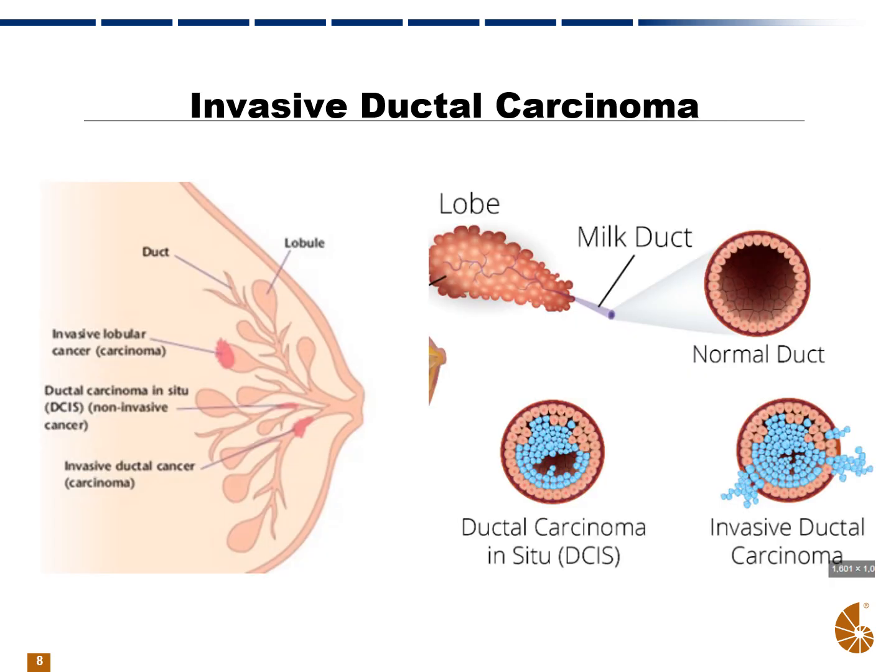And here we have one more picture just to emphasize the difference, whether the cancer cells in ductal carcinoma stay within the duct, and it's called ductal carcinoma in situ, or they go outside the duct and they become invasive ductal carcinoma, which is the most common type of breast cancer.